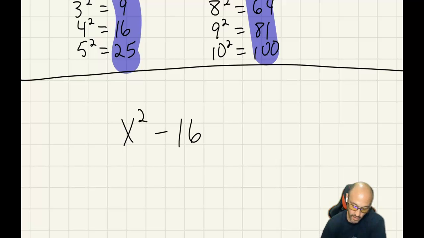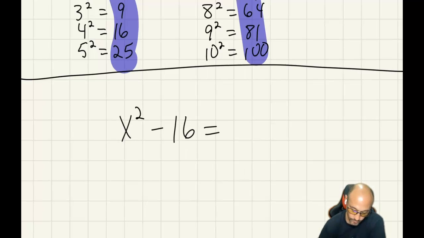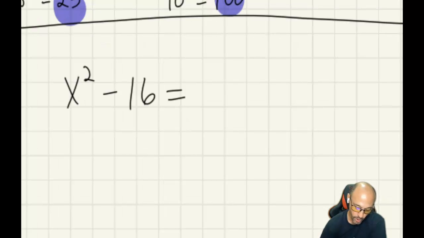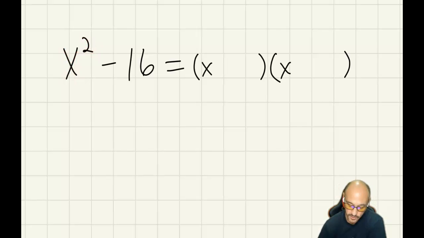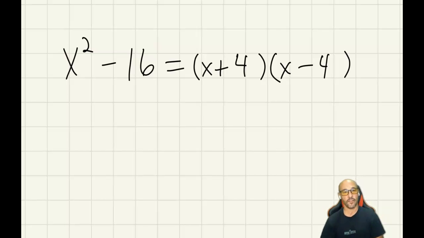And so when we factor it, we can go through a normal process of factoring, but we can also just remember, hey, whenever we have a difference of squares, whatever term is being squared first becomes the first term in both of our binomials. And then we always have positive and negative, or addition and subtraction. And then because 16 is 4 squared, this is just 4 and 4. So that's a quick way we can think about how to factor a difference of squares.